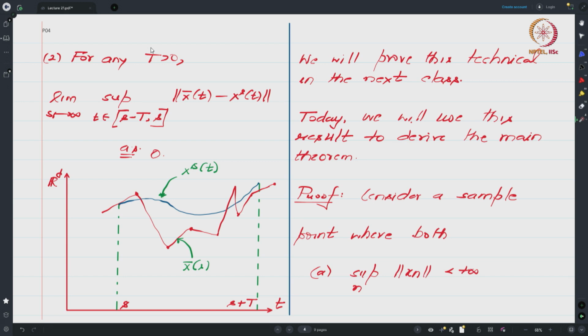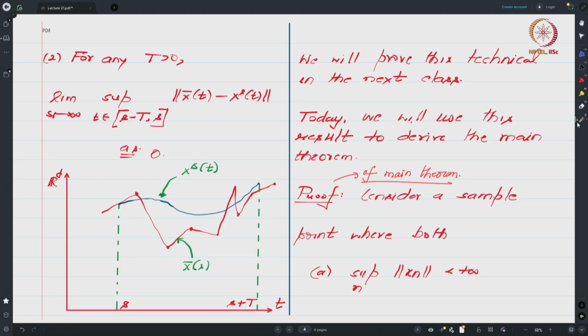Okay. So, I should emphasize that this is not the proof of your technical result, but this is the proof of your main theorem, okay, that we stated before. Okay.